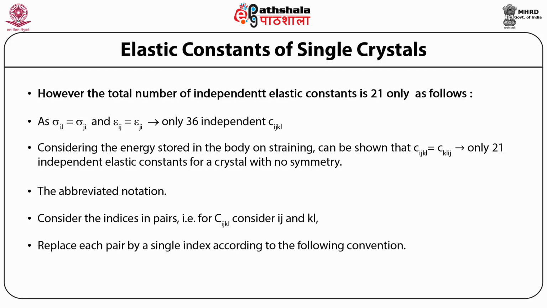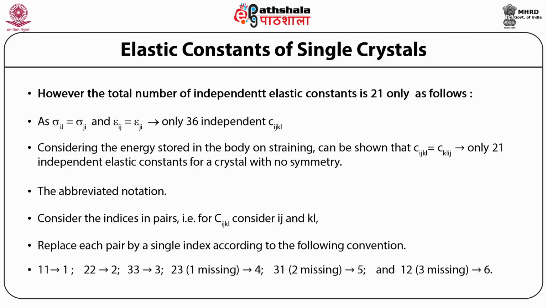Second, replace each pair by a single index according to the following convention: 11 can be replaced by 1, 22 by 2, 33 by 3, 23 and 32 by 4, 31 and 13 by 5, 12 and 21 by 6.